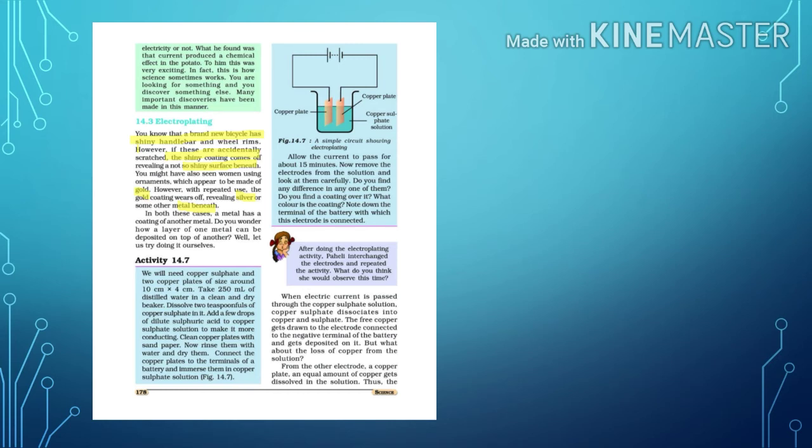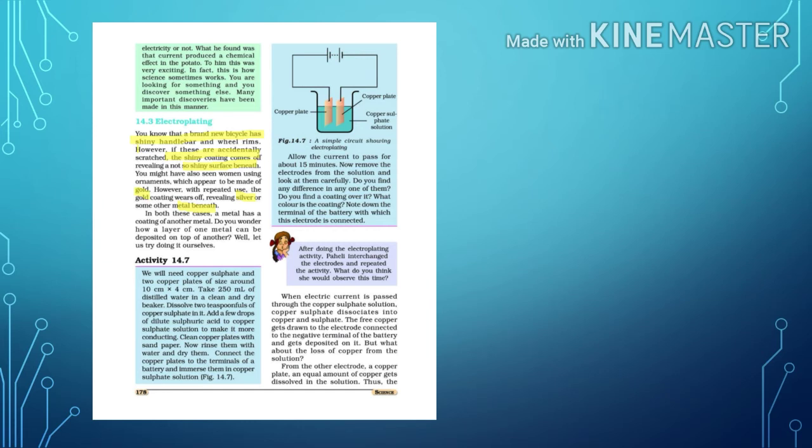So how is it possible to have a coating of one material on another? How can we get a layer of one metal around another metal? All these things are because of electroplating only.